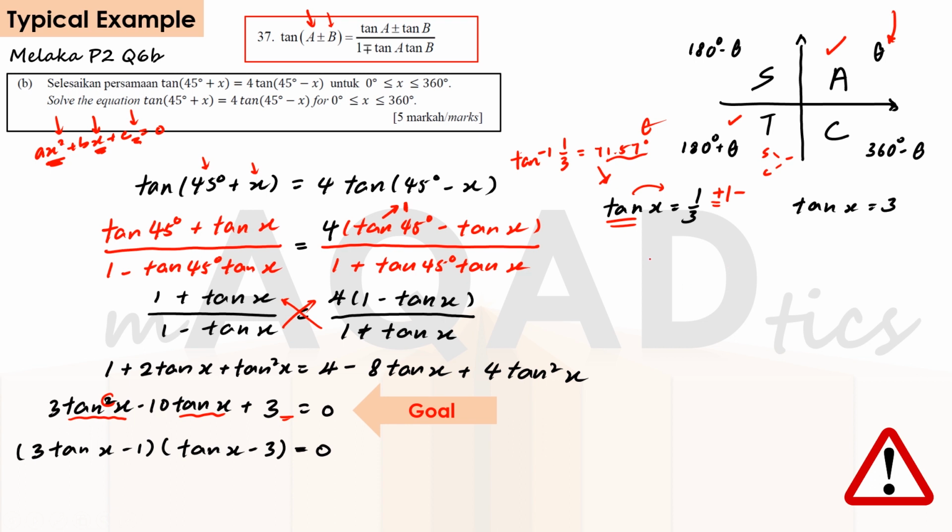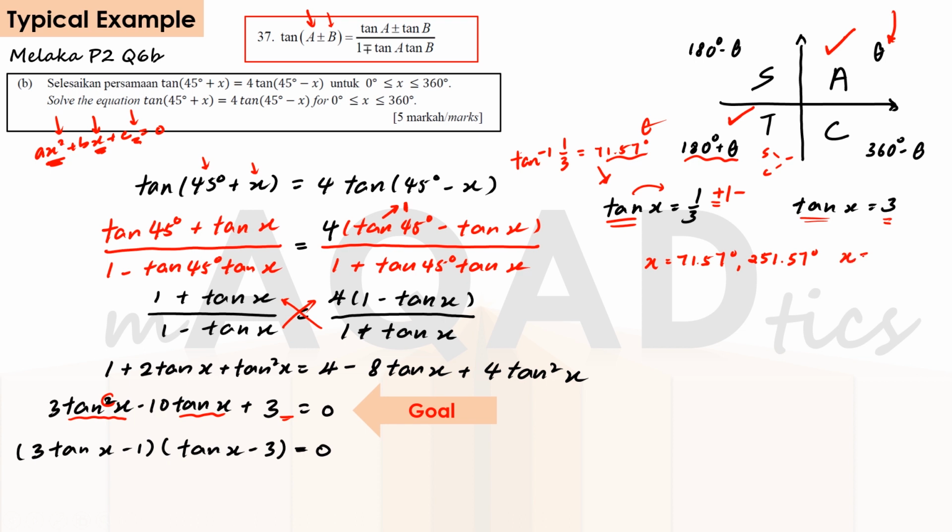Right? So our answers here will be, the first one is 71.57, and the other value we should do 180 plus the theta that we got. So here we should get 251.57. Okay, so same goes to tan x equals to 3. Same thing as well. Tan positive, so we should look at this and this.